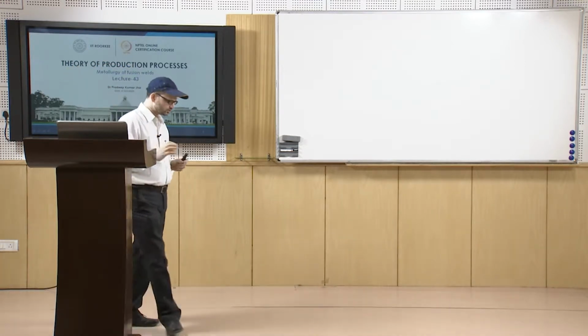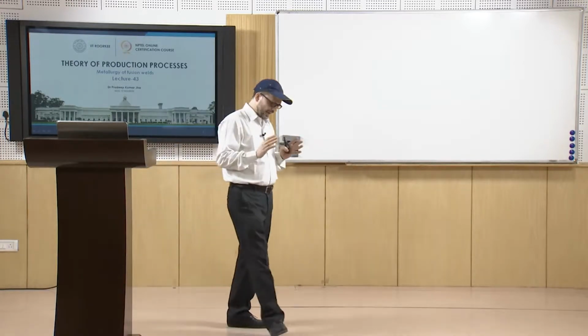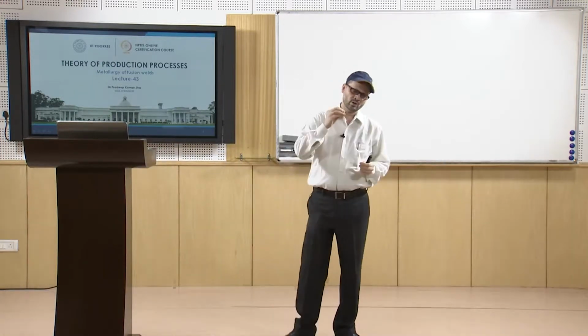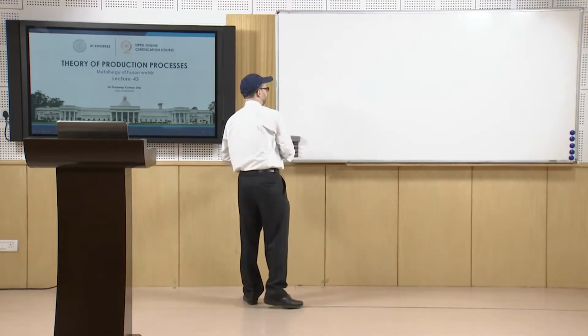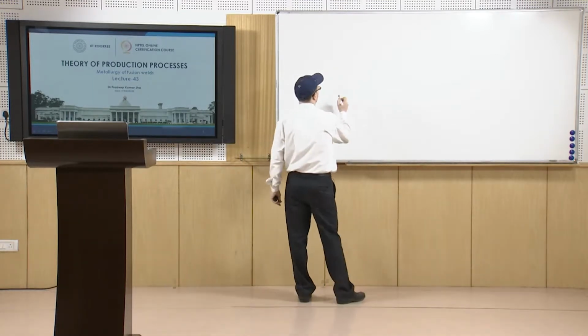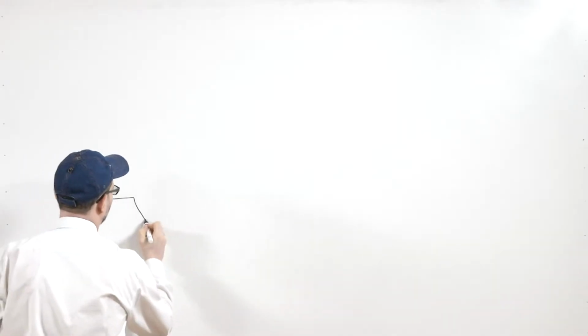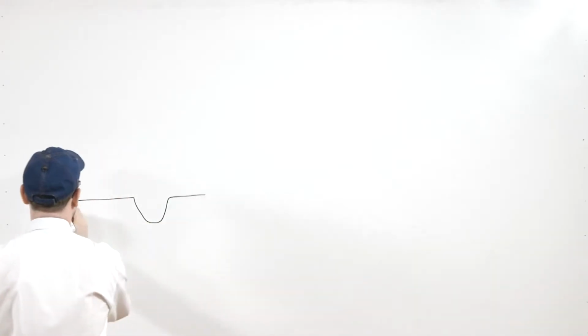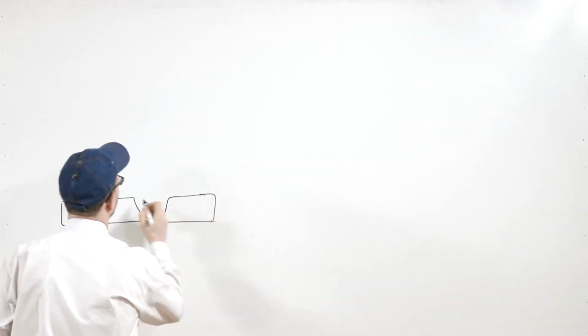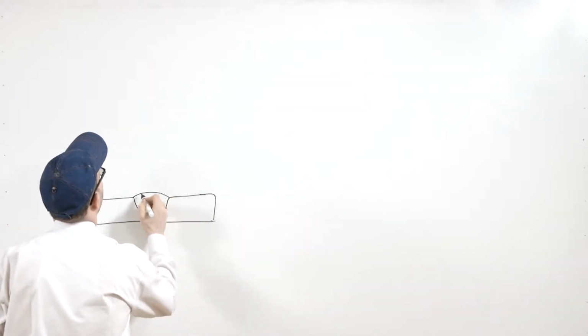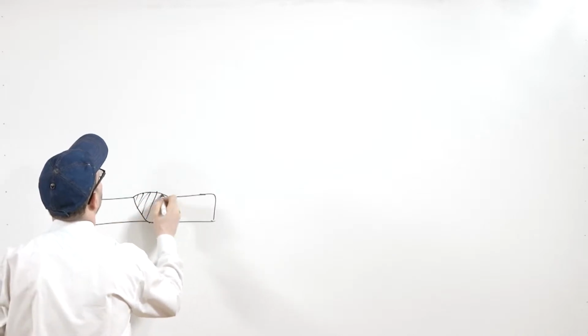Now a weldment can be divided into three basically distinct zones, if you look from the point where the welding takes place. Suppose this is the weldment. Here the welding takes place, here you have the fusion zone.